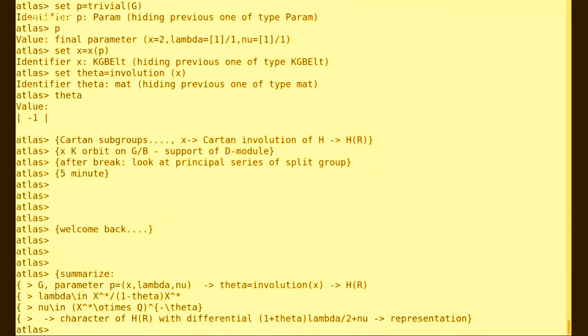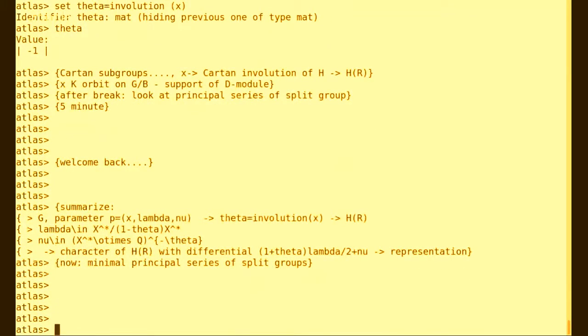So this last step, how do you get a representation from a character of a Cartan? That's a long and interesting story. And I want to start simply by talking about the minimal principal series of split groups. If you have a split group, H is some product of R crosses, the most split Cartan.